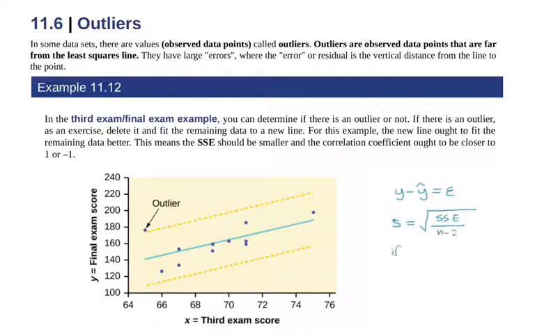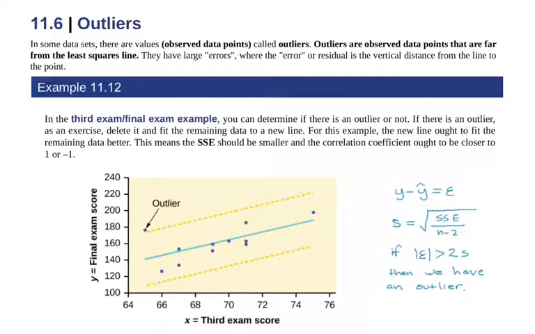So when we subtract our actual value from the predicted model from y hat, that's going to give us an epsilon value, which is that distance right in between there. And so our standard deviation is actually what we call the sum of the squared errors here. So our SSE divided by n minus 2.